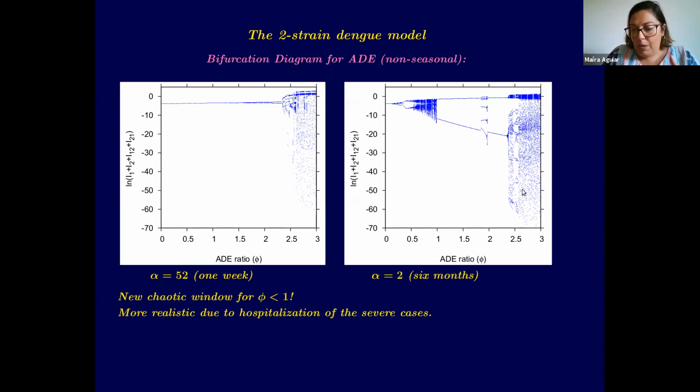We kept this chaotic window here as well, and that was really nice because we no longer needed to restrict individuals in the secondary infection to transmit much more than individuals in the primary infection in order to understand the dynamics of the disease. So this was a great finding and much more realistic in terms of epidemiology, because of the hospitalization of severe disease. We assume that because individuals have more virus, they go to hospital, so they transmit less than individuals in primary infection.